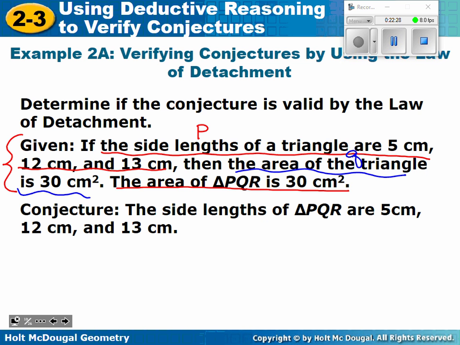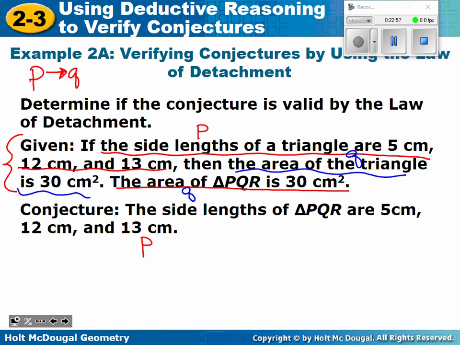Are they giving you the P or the Q? The Q. They conclude that that means the side lengths of the triangle must be 5, 12, and 13. That's the P. So remember, the law of detachment says if you know P, you can conclude Q. But you cannot go backwards. If you know Q, that does not mean that it is P. So is this valid or invalid?